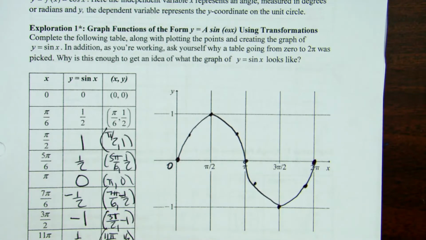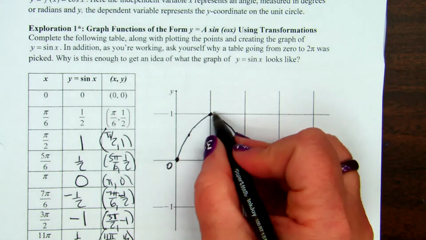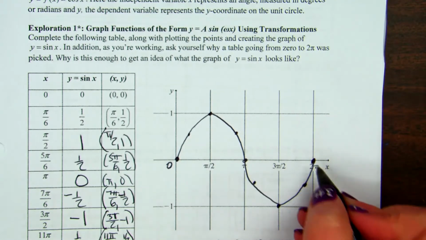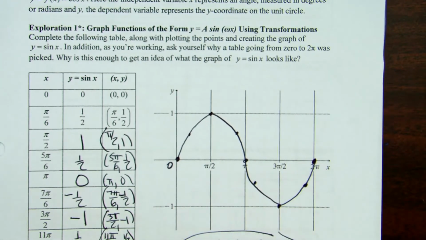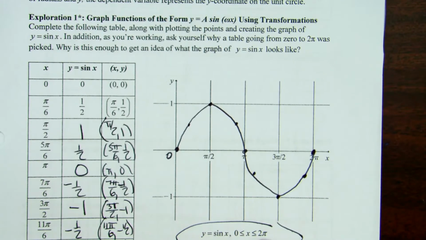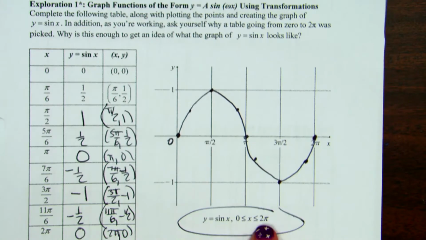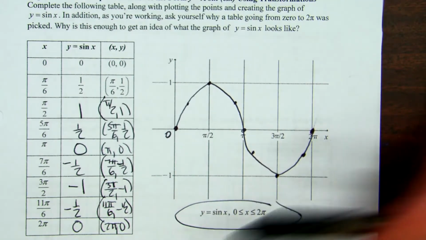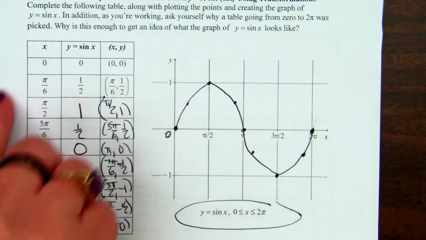One period of a sine curve goes up to 1, to 0, down to negative 1, back up to 0. When sine is between 0 and 2 pi, that's one period or one cycle. So this would continue on. We could keep going and going in both directions, the curve.